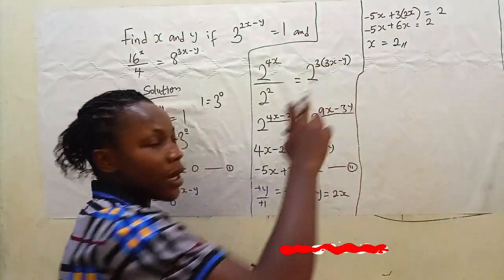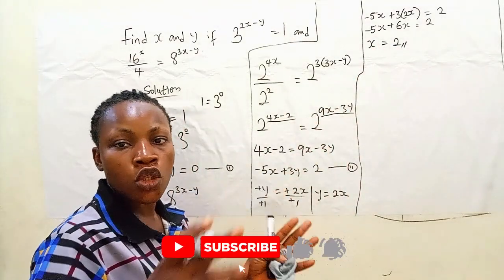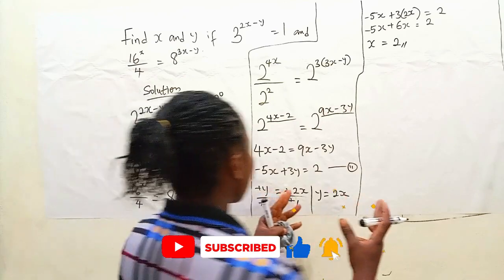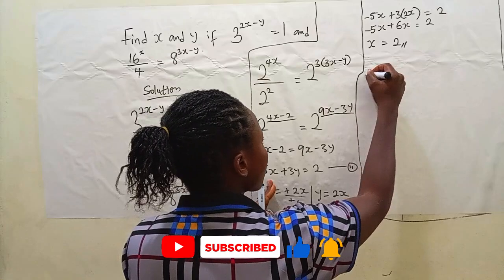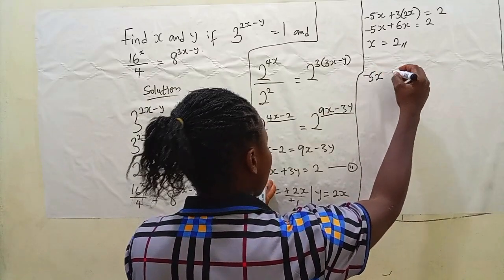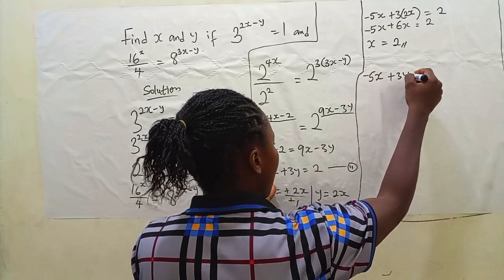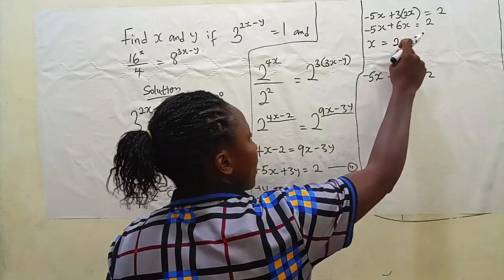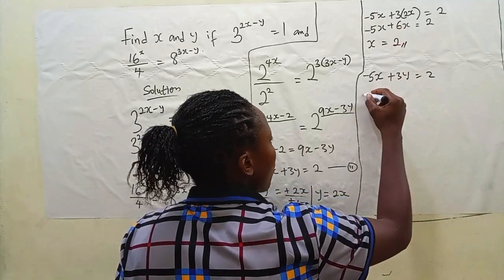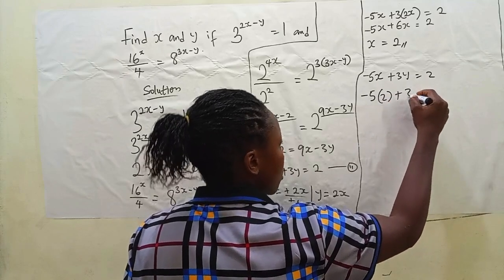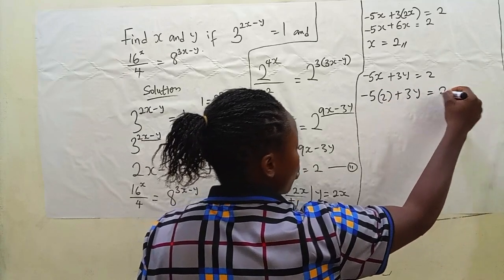Substituting for x as 2 in equation 2. Okay, let's solve it. This is the equation 2, minus 5x plus 3y equals to 2. All right, so our x is 2. We're going to have minus 5 times 2 plus 3y equals to 2.